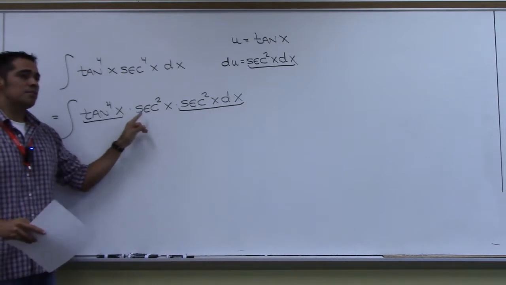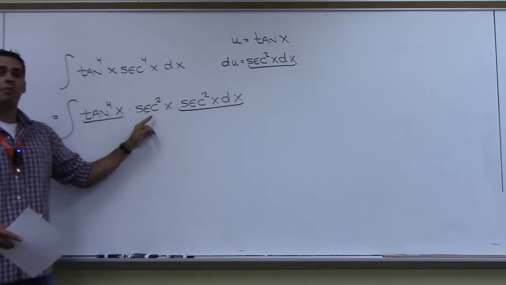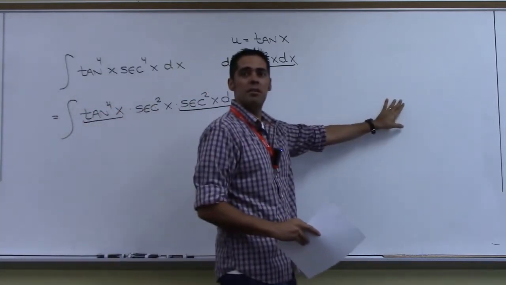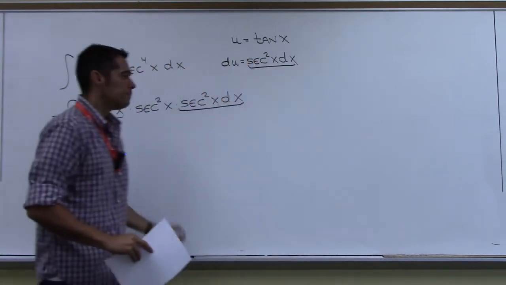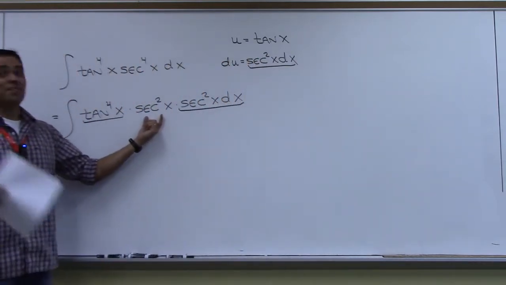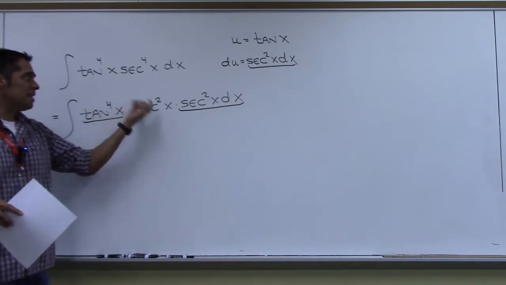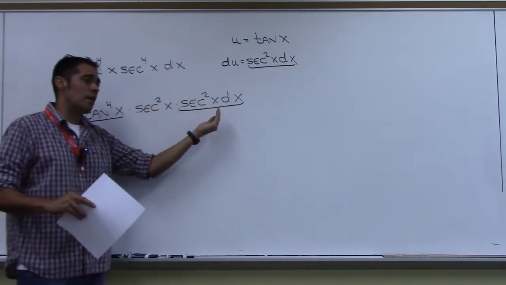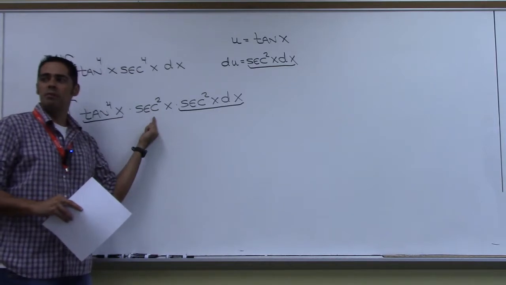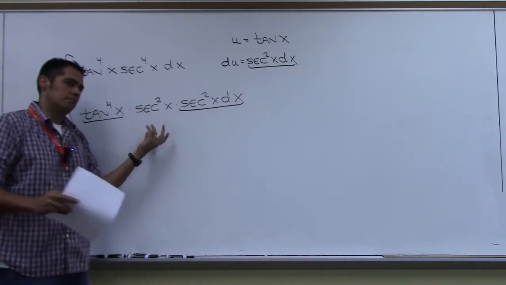Why do I know that I'm always going to be able to use the formula secant squared equals 1 plus tangent squared? How do I know I can use that formula? Because it's even, right? We said it was even to start with. And so if it's even to start with and I peel off a secant squared, this will still be even, won't it? Now, it may not be here, depending on the problem.